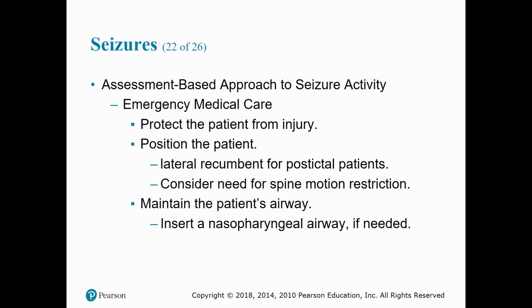Like I said again, you just want to protect your patient from injury. Position the patient lateral recumbent for post-ictal patients, that protects their airway in case they do vomit or something like that. Consider need for spine motion restriction if they took a fall or hit something, and maintain the patient's airway.